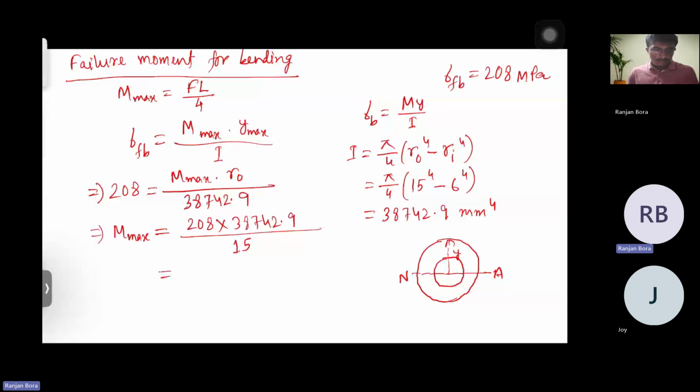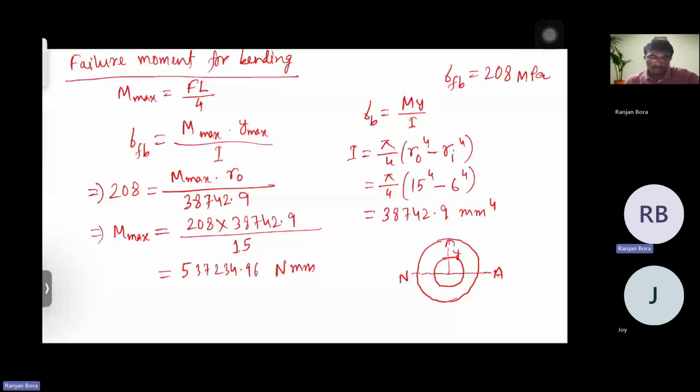When we do this, it comes to 537234.6 Newton mm, because we are taking the force unit in Newton and the length unit in mm.